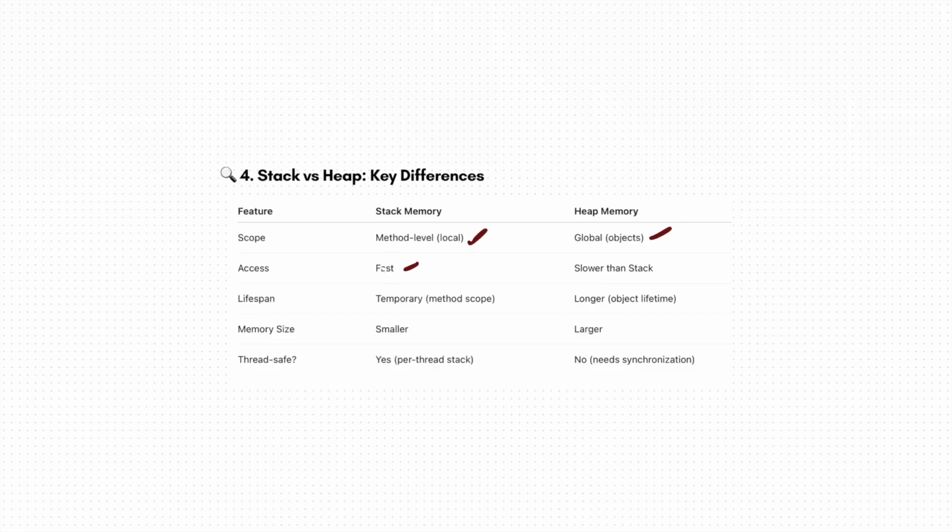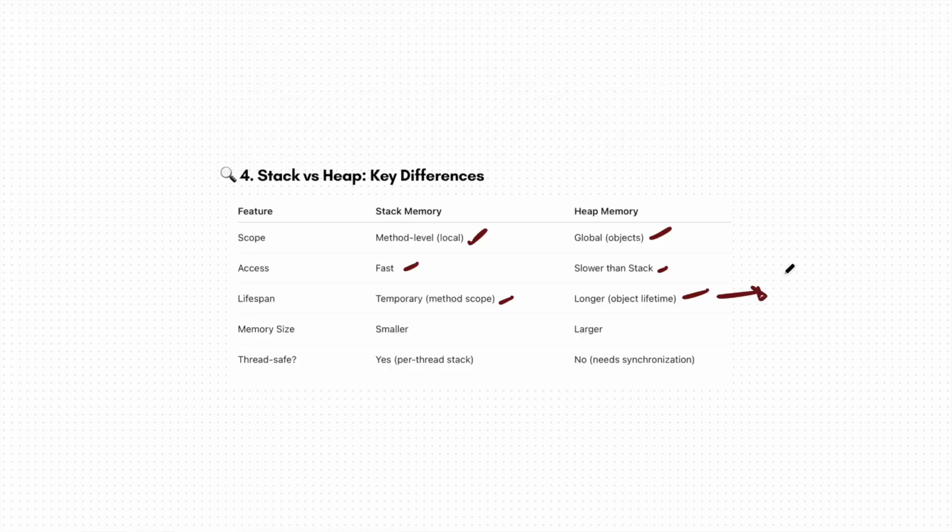Our RAM has a temporary memory and a permanent memory as well. Our temporary memory, the cache memory, is always faster, and this is slower than the stack. What is the lifespan? The stack is a temporary memory, so the method scope is its lifespan, and the heap has a longer one. When will the heap memory be destroyed?